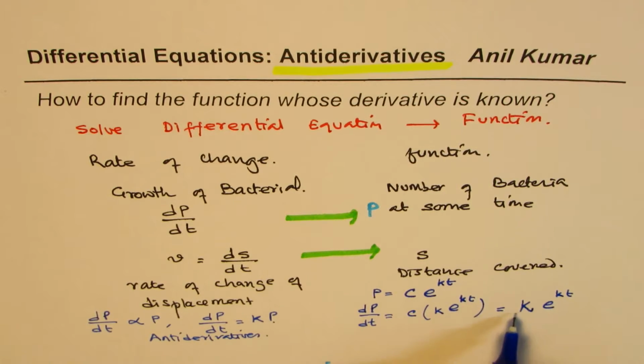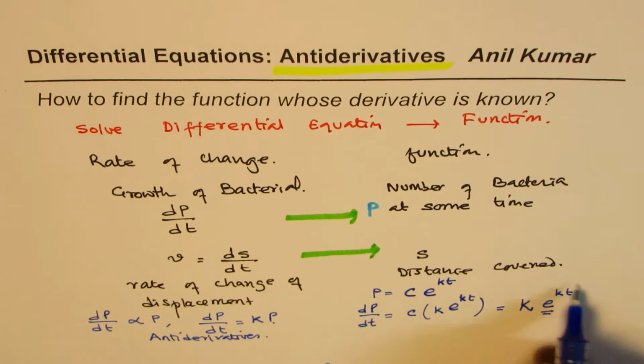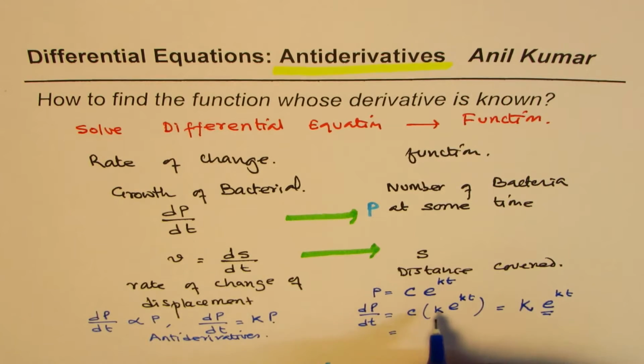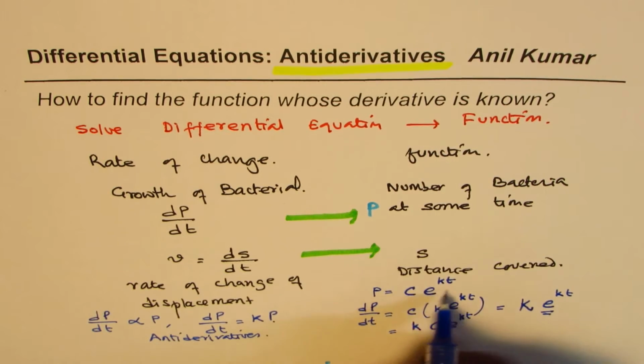Now if you compare these two equations, we know that our function is this function. Do you see that? So, or specifically, I could write this as k times c e to the power of kt, right? Since we started with that function.